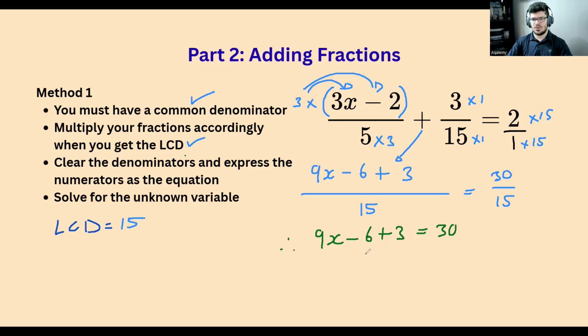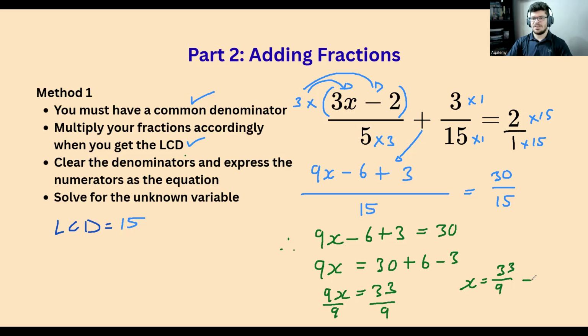Now we just solve for the variable x. Send all the constant values over the equal sign. When you send them over the equal sign, the sign itself for those values will change. 9x is equal to 30 plus 6 minus 3. 9x, if we do the operation over here, gives us 33, divided by 9 on both sides. x is equal to 33 divided by 9, which can be further simplified to 11 over 3 as our final answer for x.